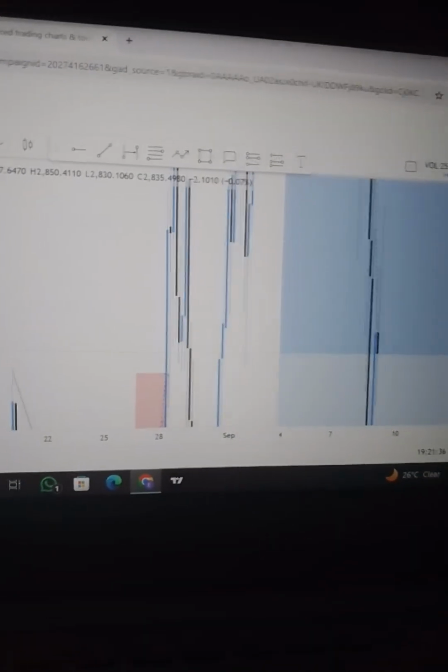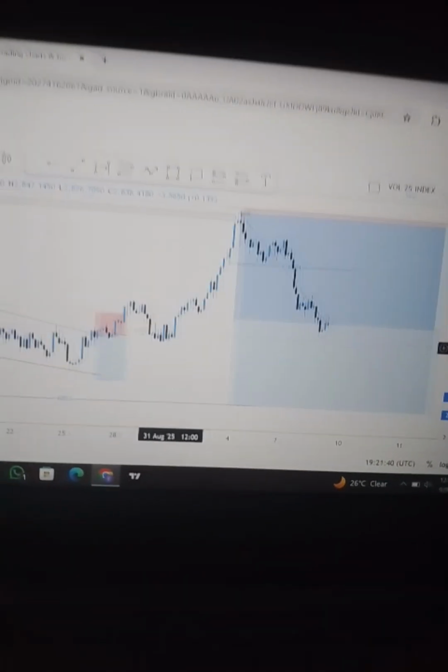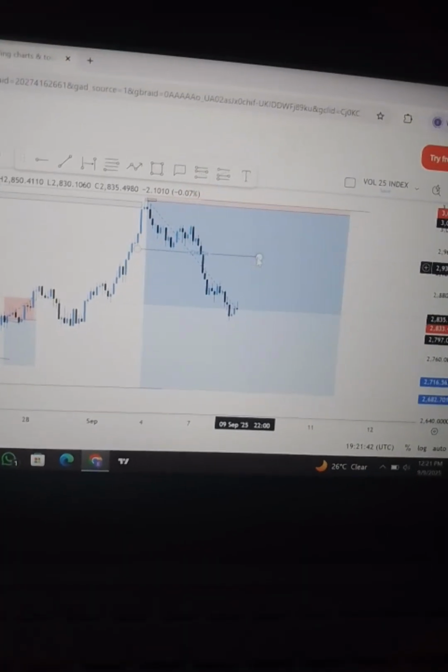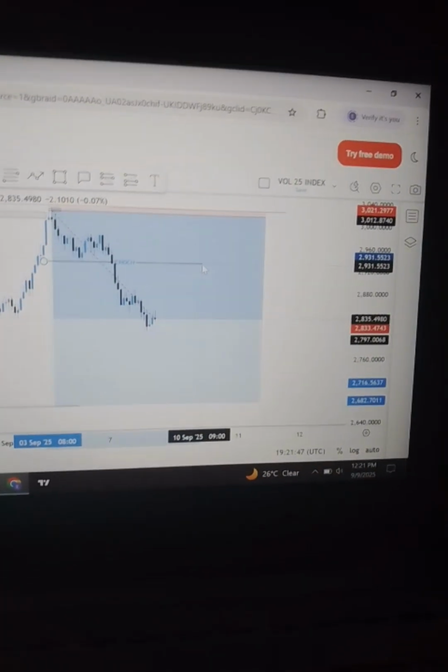Look at my trade that I captured using my strategy. Here is a strong support, like a strong resistance zone right now.